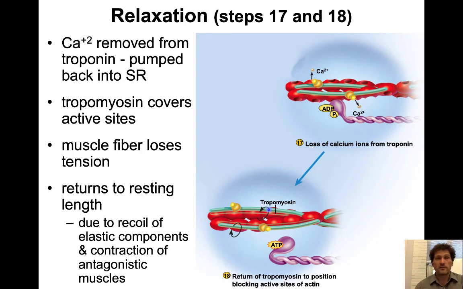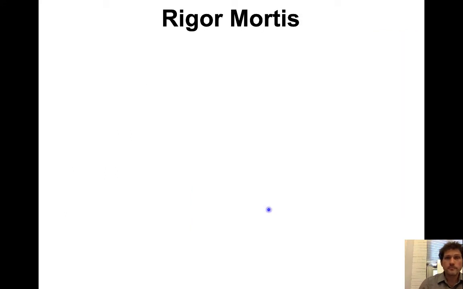And so part of that is from that titin, and part of that is also from antagonistic muscles that may contract and stretch the opposing muscle.